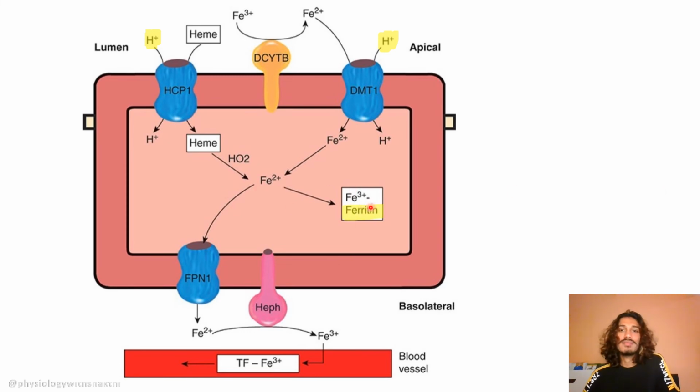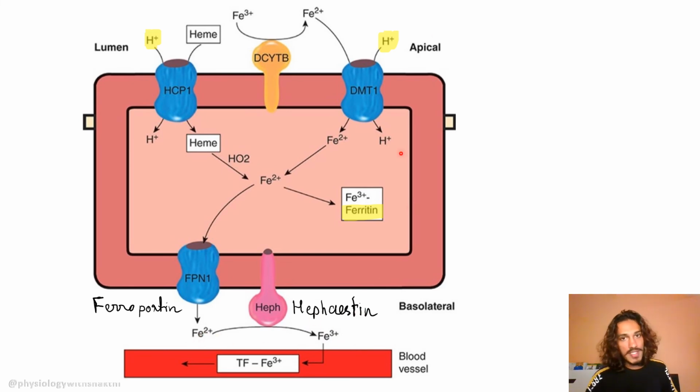It gets stored as Fe3 plus inside, and if it goes out, it has to go as Fe2 plus through a transporter called ferroportin. But if it needs to go into the circulation, it has to combine with transferrin, and for that it needs to be Fe3 plus. That is where hephaestin comes in, converting Fe2 plus to Fe3 plus.